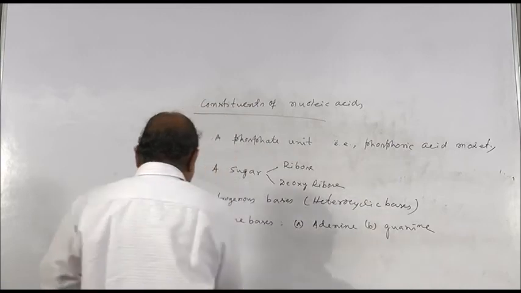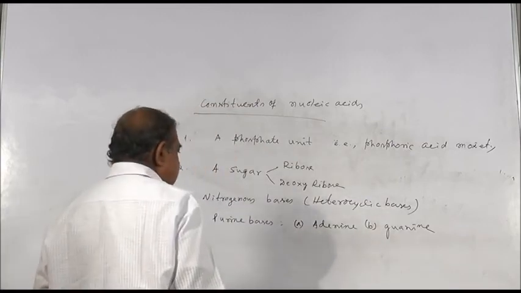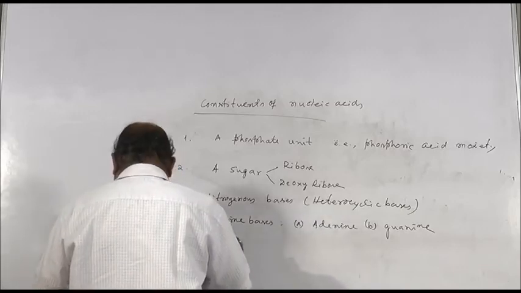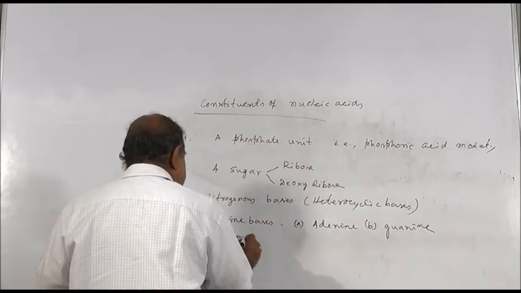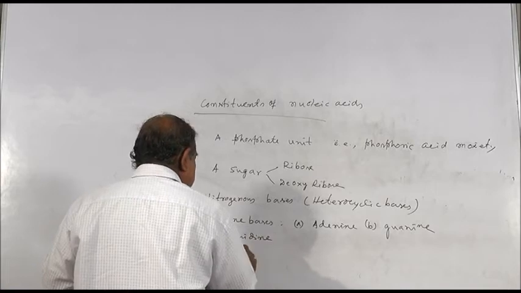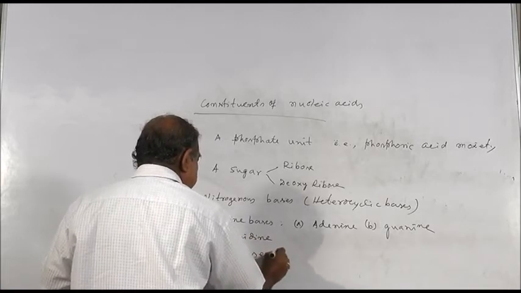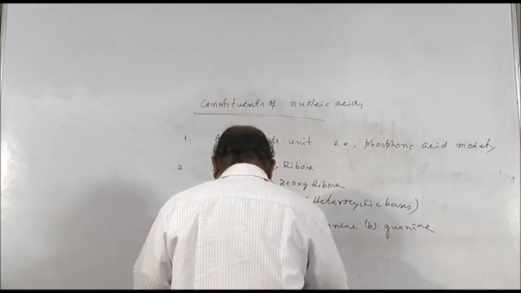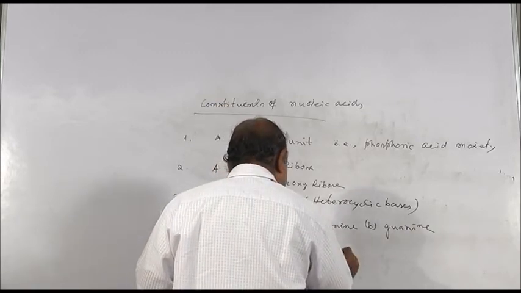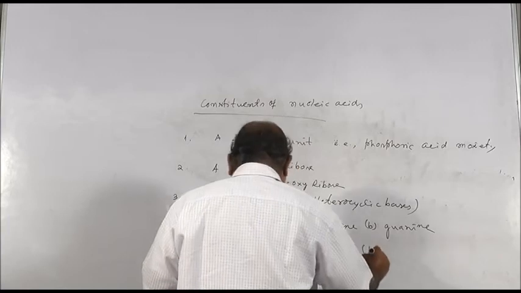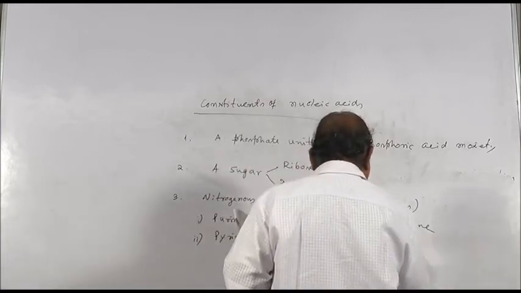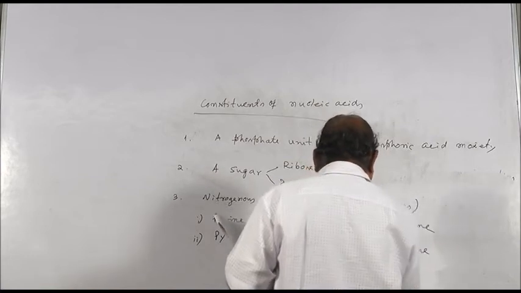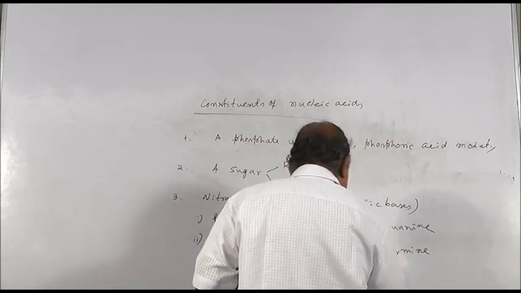And the second type of base, a heterocyclic compound where nitrogen is in the ring, is pyrimidine bases. It can be cytosine, or thymine, or uracil.